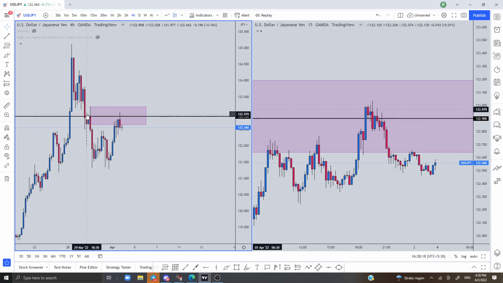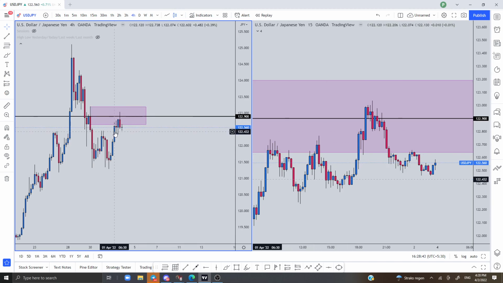That means sellers are still very strong here and buyers are coming in a corrective structure to my point of interest. When I'm looking for a POI, a supply zone in this case, I always try to see at least 50% of that supply zone mitigated. After that, we can start looking for a setup.